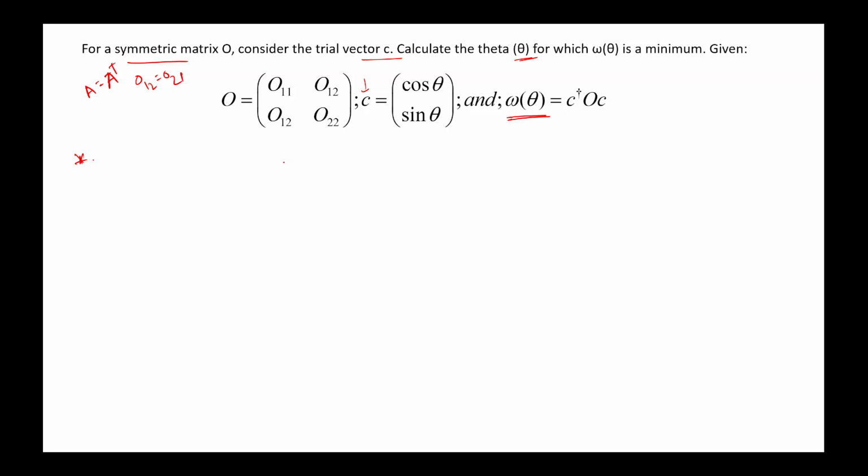So let's solve this. We have to find this C dagger OC. Your omega theta is C dagger OC.